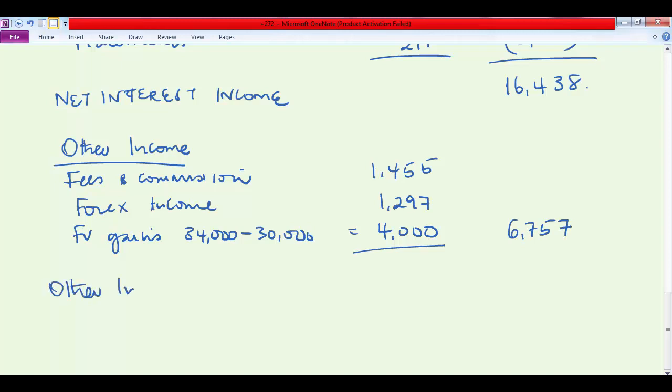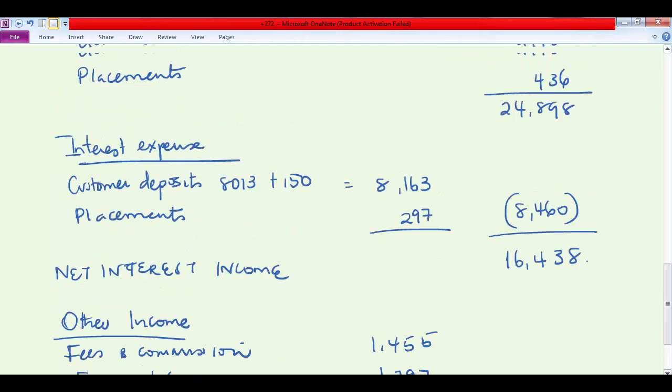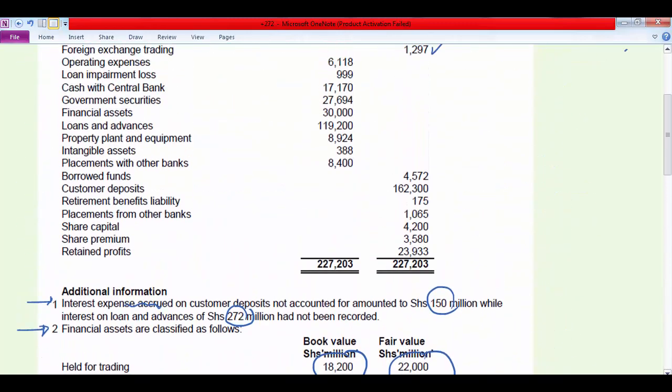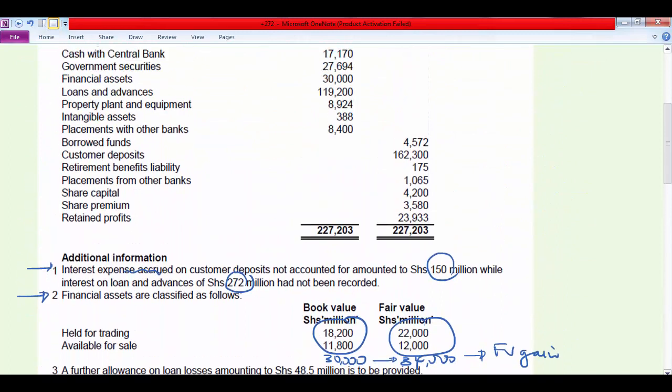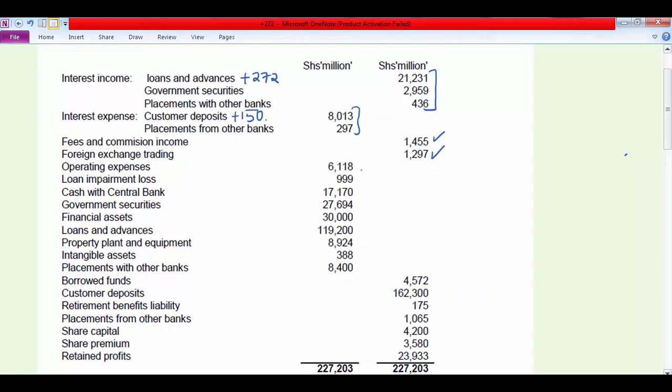Then we have other OPEX. What do we have under other OPEX? So let's see. We have operating expenses 6118. Then we have the loan impairment loss, which is 999. You can see there.